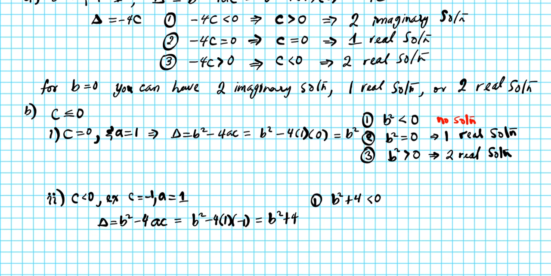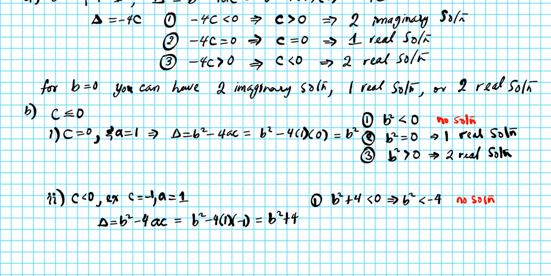If we subtract 4 from both sides, we'll have b squared is less than negative 4. So the question now is, is there any square that is less than negative 4? The answer is absolutely not. There is no square that's negative. All squares are positive or 0. So this scenario has no solutions.